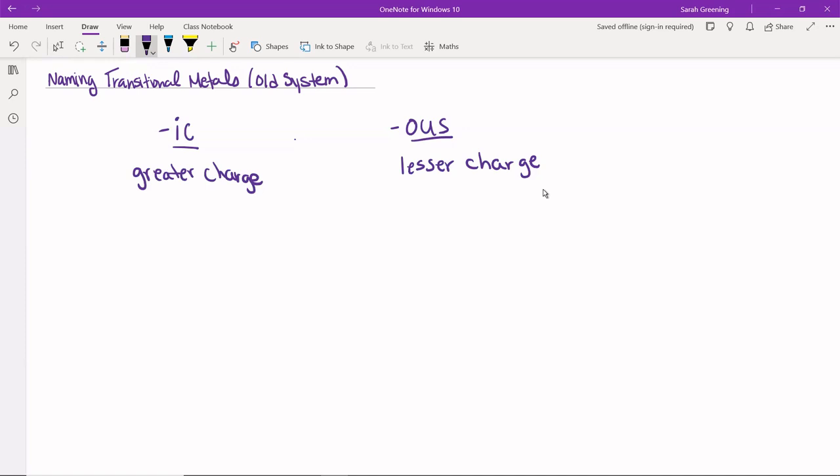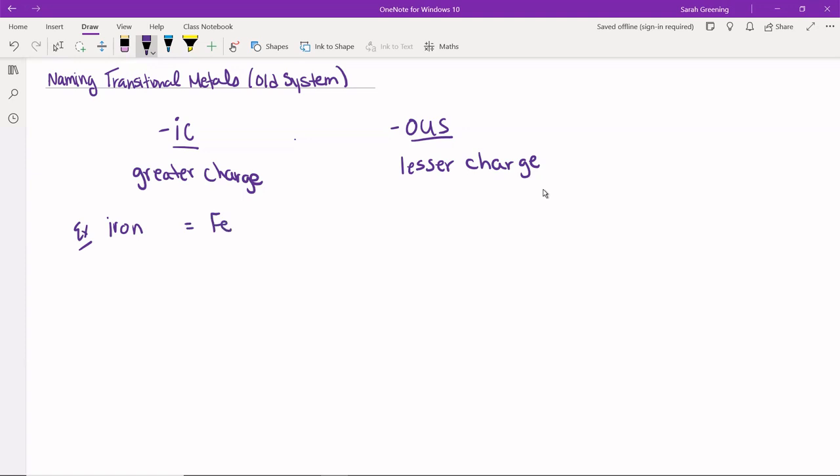So as an example, if you remember iron, its chemical symbol is Fe.